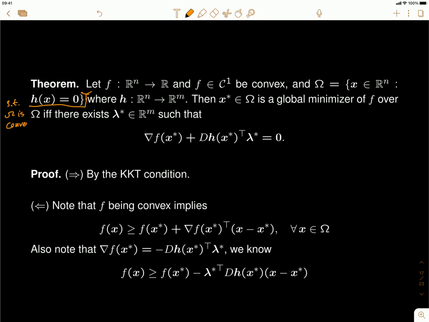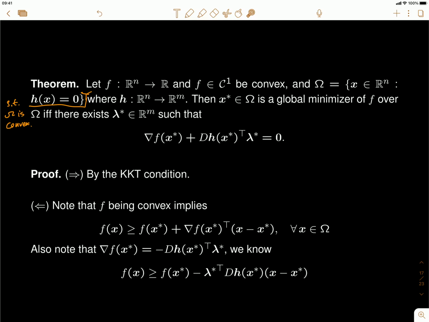Because I have this convex set as the domain of my convex function f, the set needs to be convex. So omega is specified by the set of points where h is equal to 0, and this is a convex set.